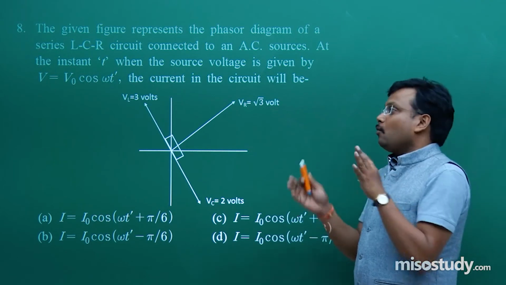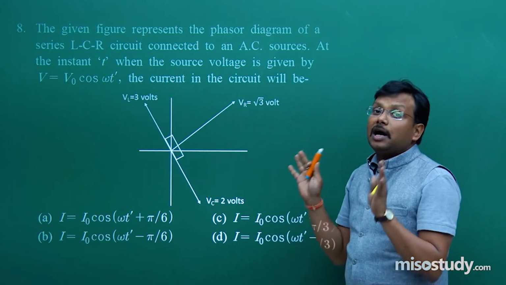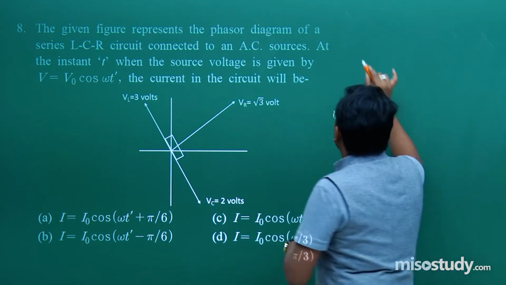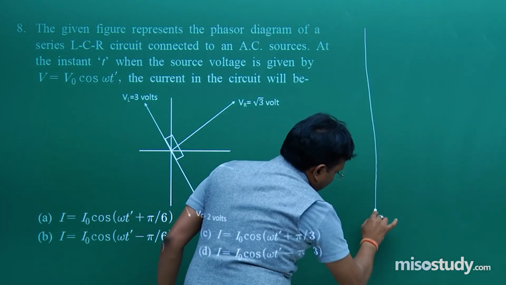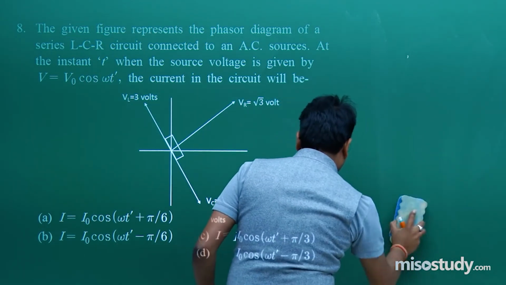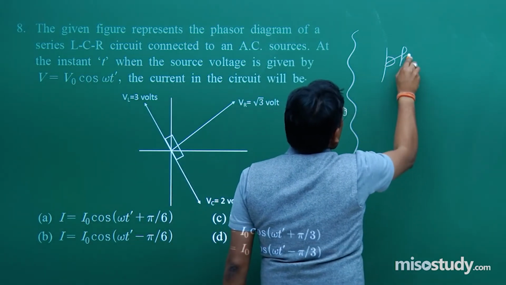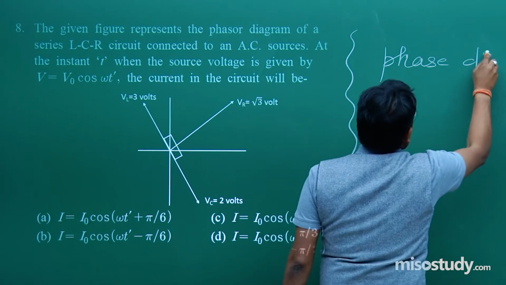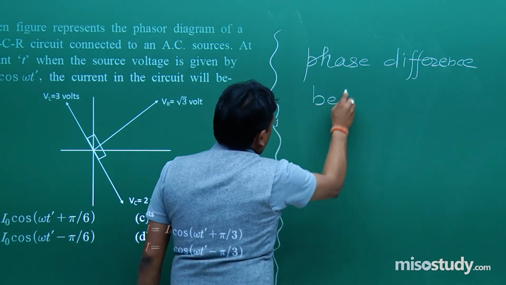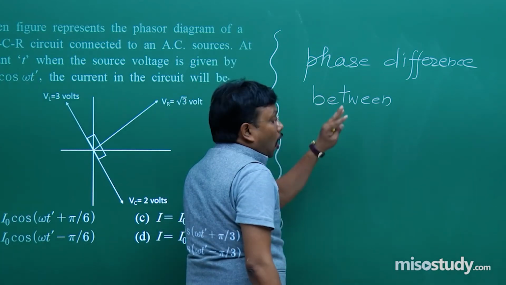Out of these four options, obviously one is the correct option. How will you find that out? I think you will follow the basic approach which I explained during the discussion of this topic. But quickly I should mention, we want to find the phase difference between all these three components.